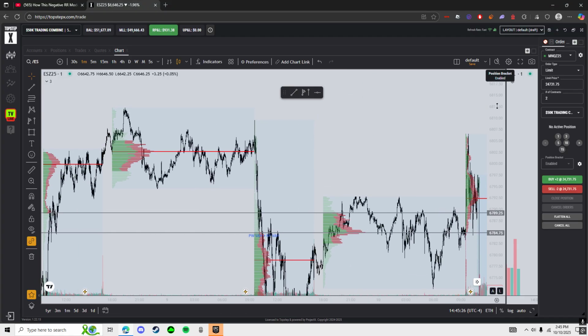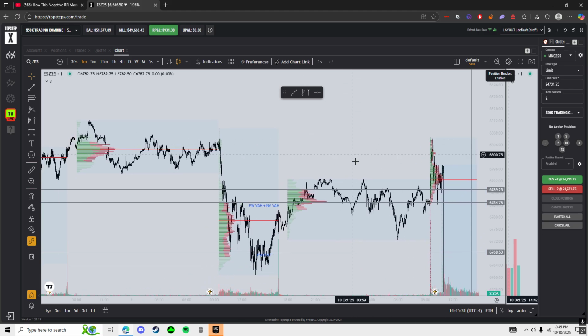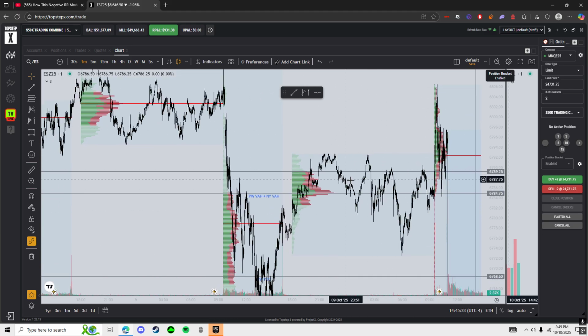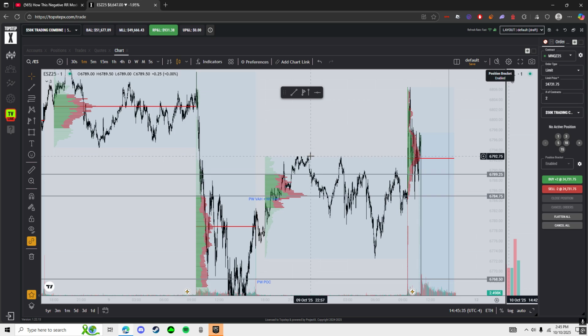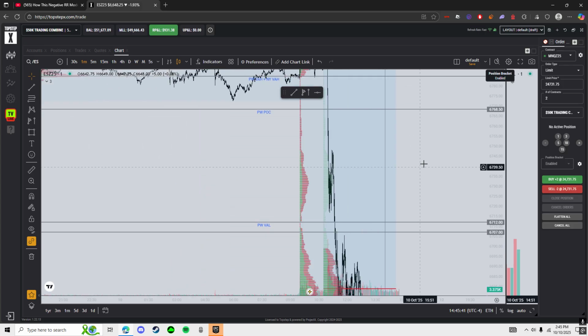A lot of traders would think that we're going to all-time highs after this quick move escaping this range. But no, that's not how the market works. And we had this big move.